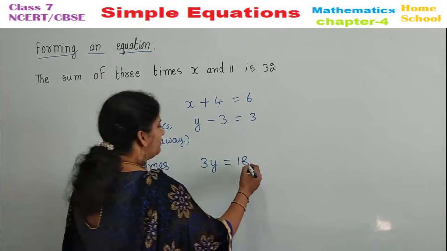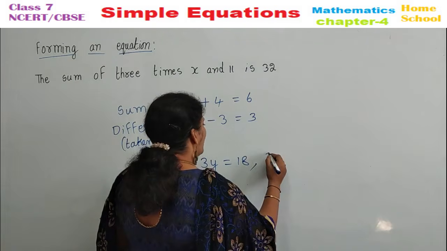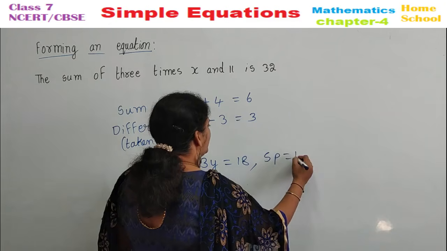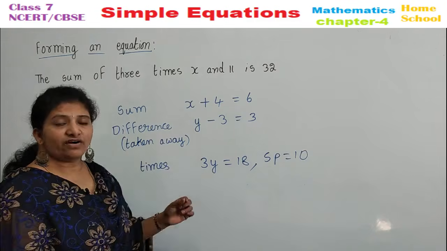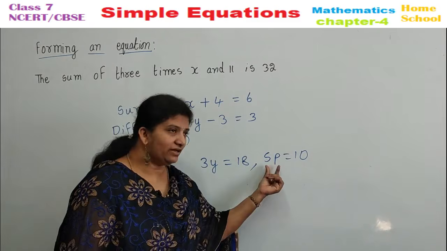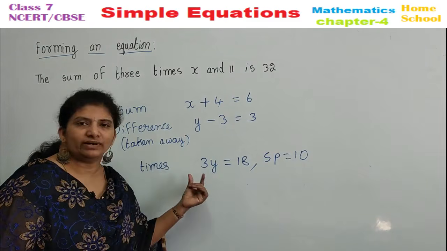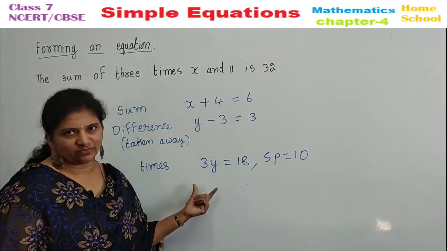One more example, you can take 5 times p is equal to 10. 5 times p, how will you write? 5p. Many words we use to write equations like this, children.